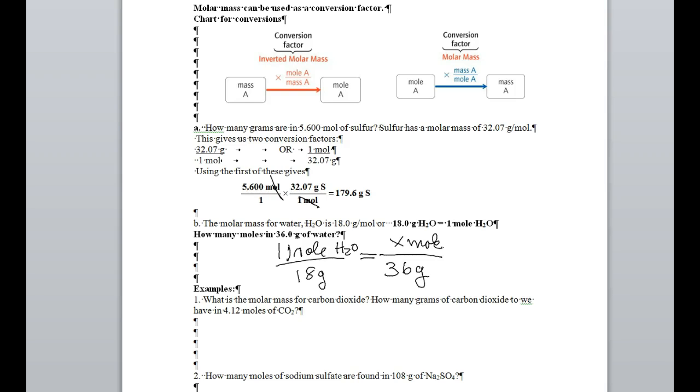How else could I do it? I could just take that I have 36 grams of water times, what would I have to put on the bottom? You put the mole on top, right? And put 18 grams on the bottom.